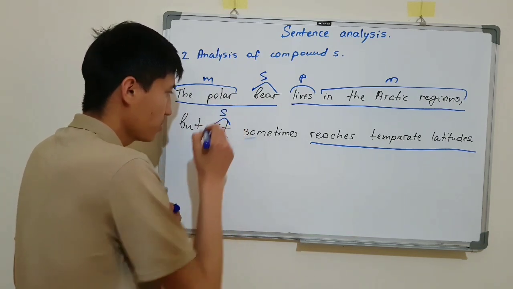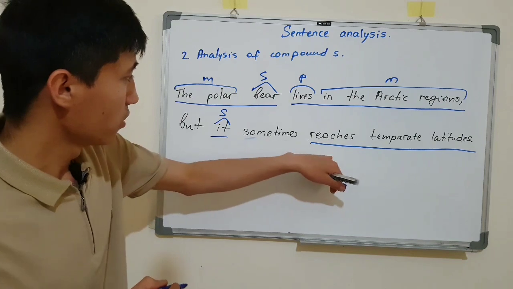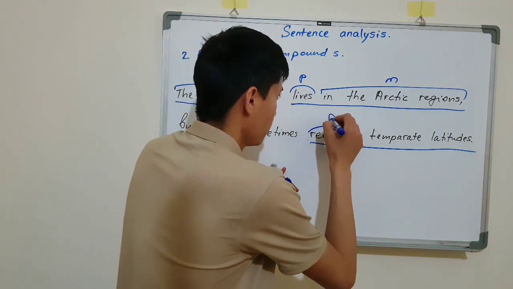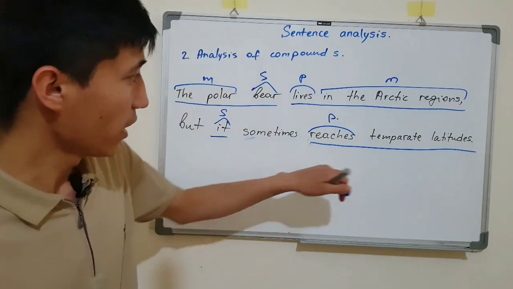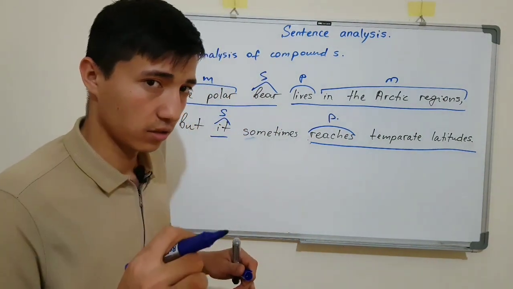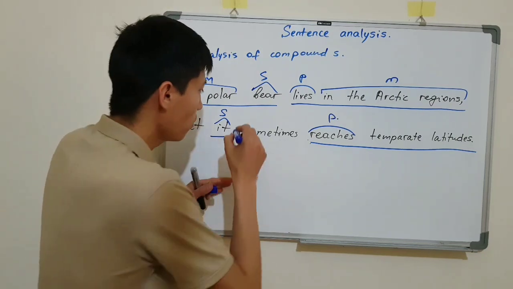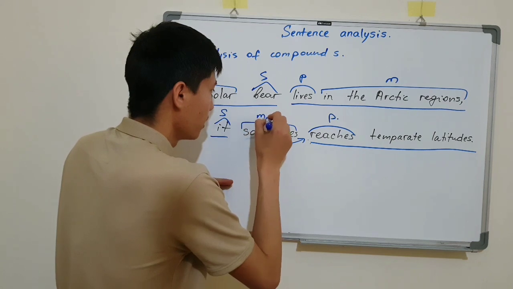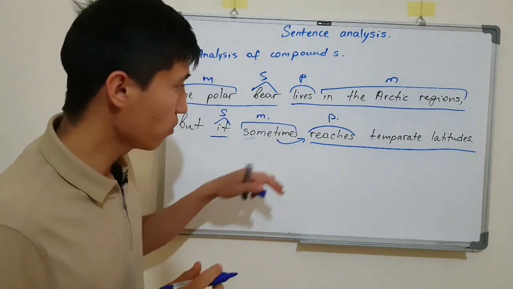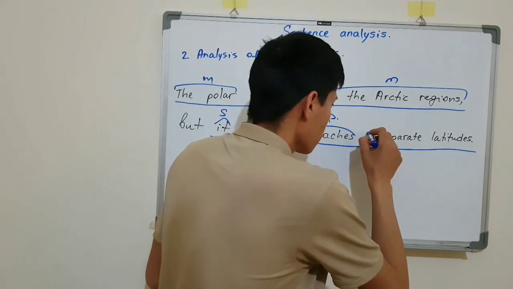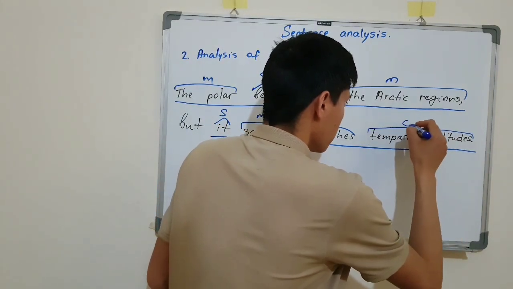And it is a subject, and reaches is the main predicate, and sometimes is a modifier. Modifier of what? Of the predicate. And temperate latitudes is what? Complement.